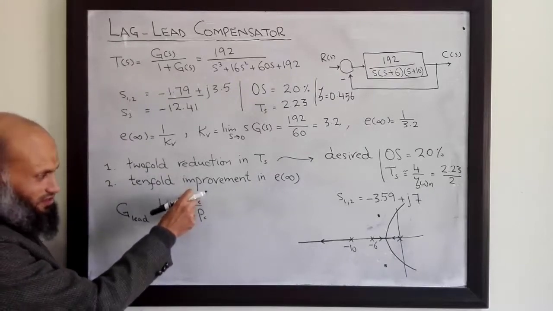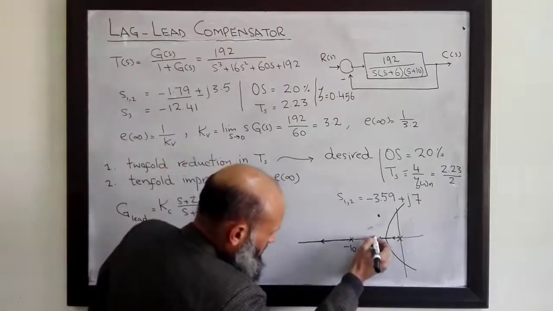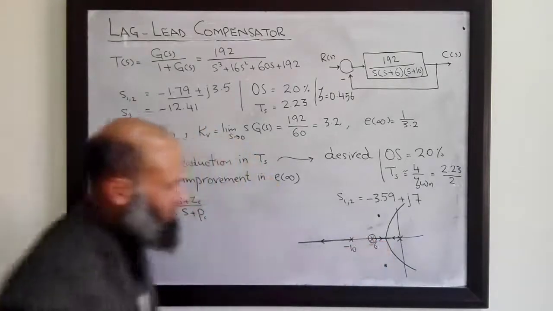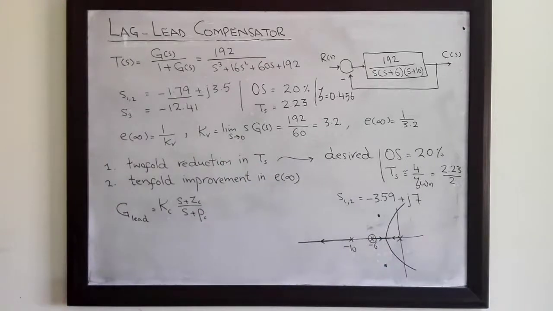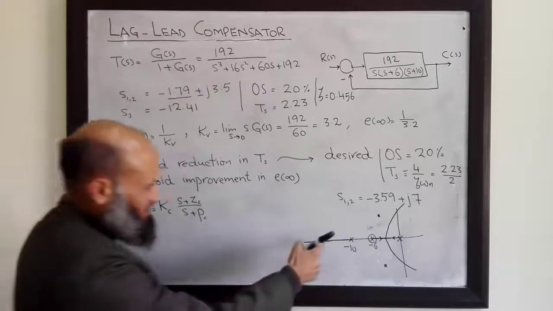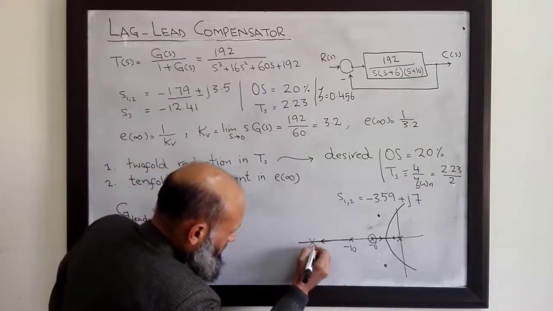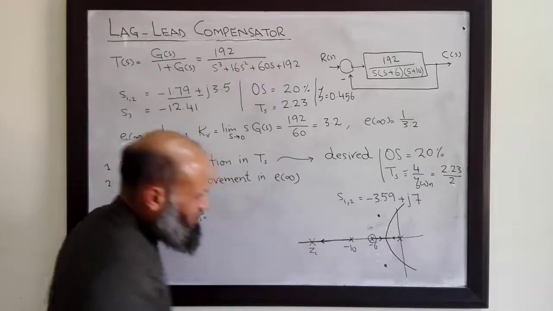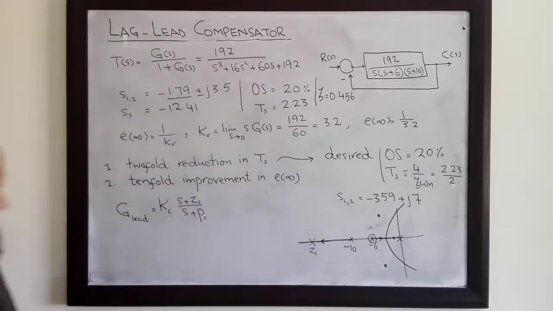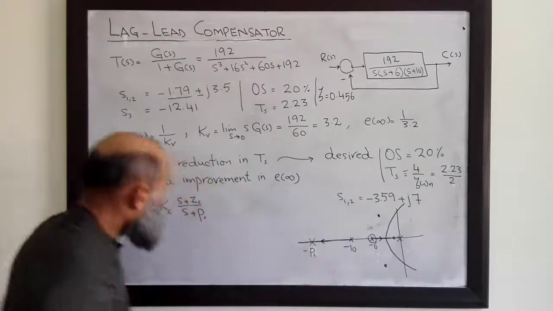For example, we place the zero of the compensator. Let's place it over here, just overlapping with the pole of the system. The zero of the compensator is placed over here, and then the location of the pole of the compensator, minus Zc, sorry, not Zc, minus Pc, can be determined.